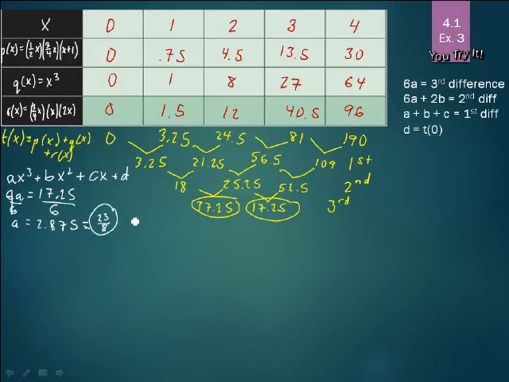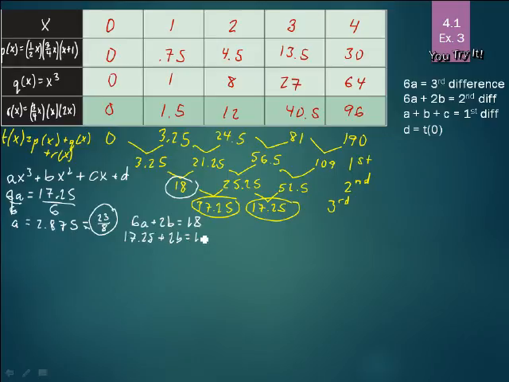And now let's find our b value. So we know 6a plus 2b is equal to the second difference. And it's the second difference coming from 0 and 1 going to the side where x gets bigger. So it's basically just our second difference that we have. We have that will equal 18. So 6a we just saw is equal to 17 and 25 hundredths, plus 2b equals 18.